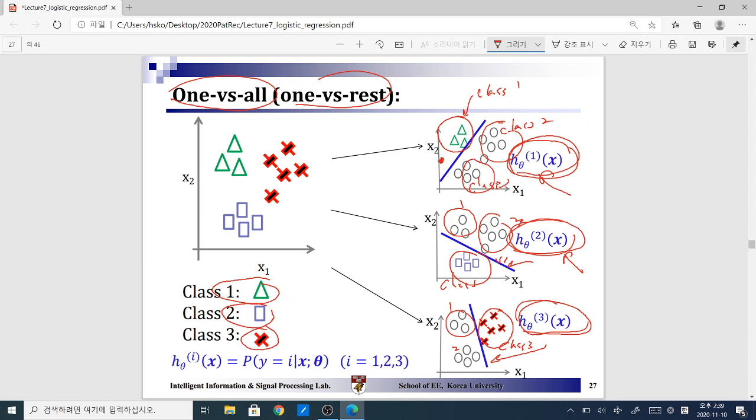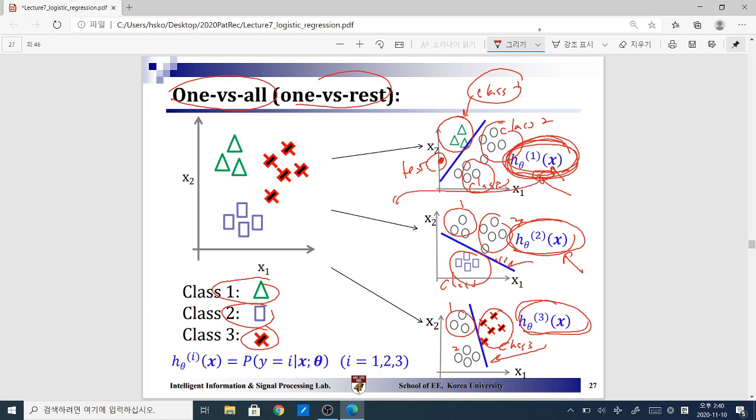Based on this test point, you try to figure out, using this hypothesis function, which side it belongs to, right? And obviously it belongs to this one here. So you have a certain value of this hypothesis function, right? Because this test point is going to be injected into this. So there's going to be a certain value in terms of probability, right? Because this is what this represents.